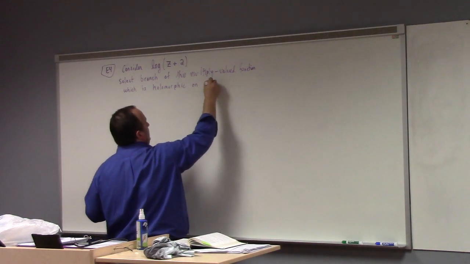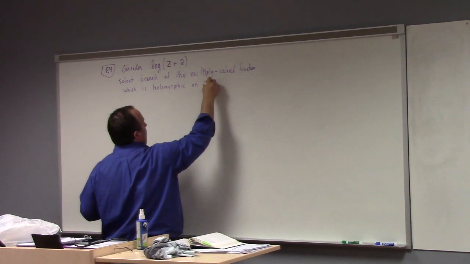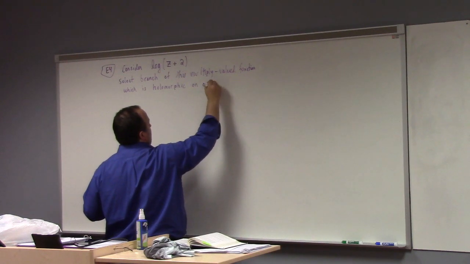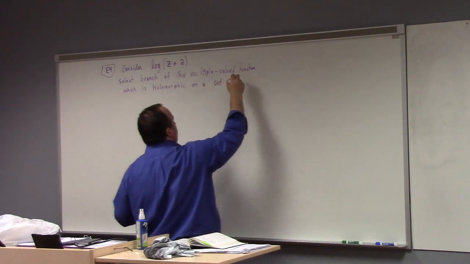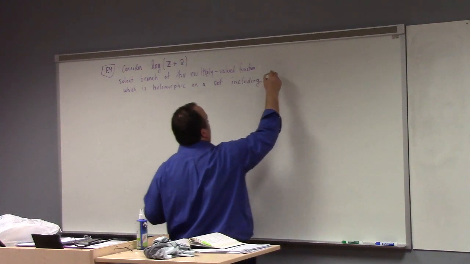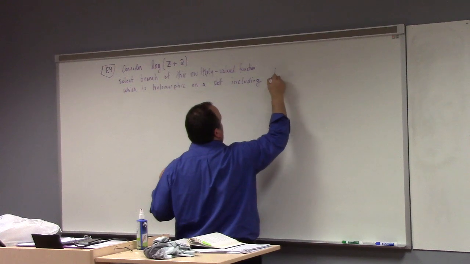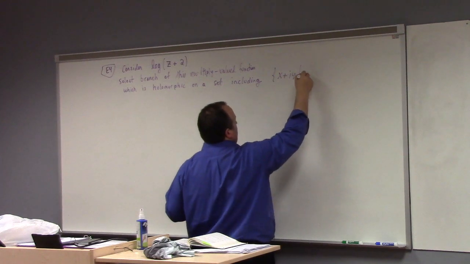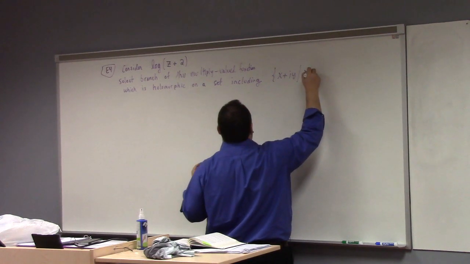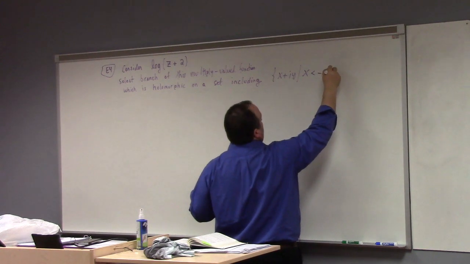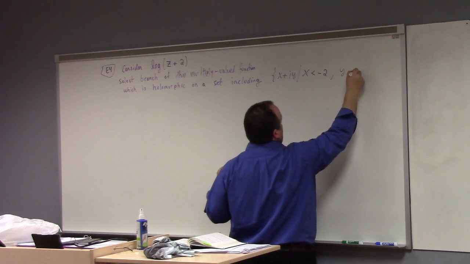On a set including, let's say, x plus iy such that x is less than minus 2 and y equal to 0.